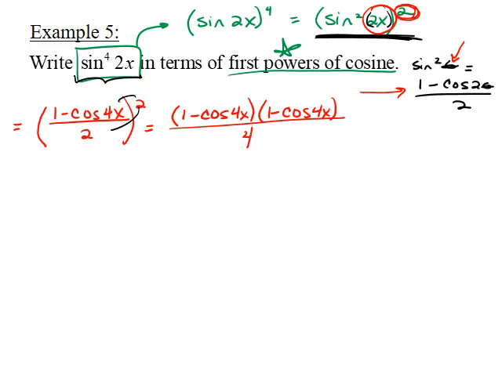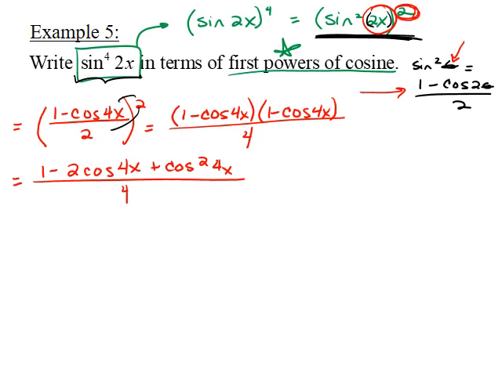Now I have to FOIL this out. So when I FOIL the top, I end up with the following. 1 minus 2 cosine of 4x plus cosine squared of 4x all over 4.